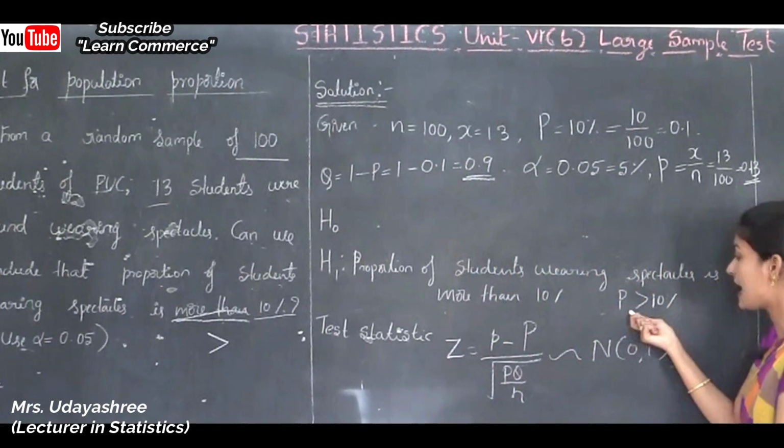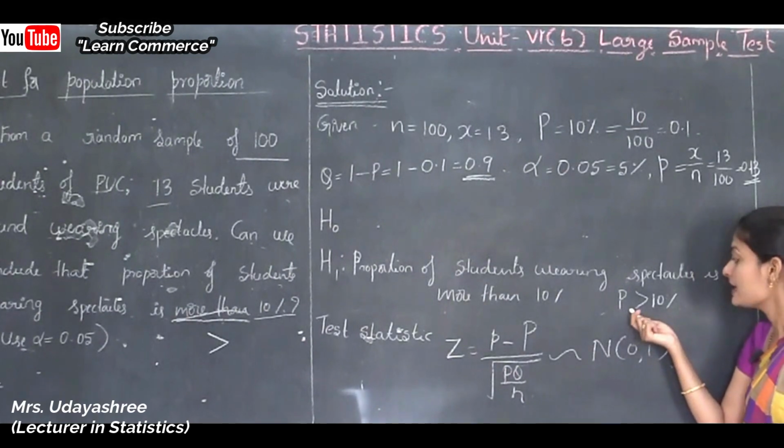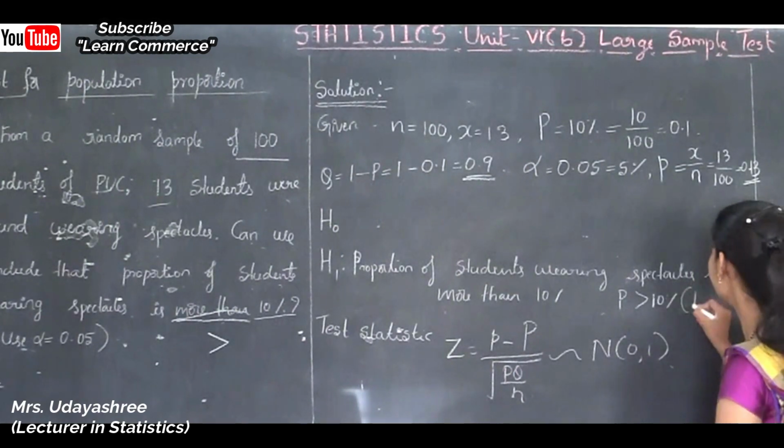Since the alternative hypothesis is greater than type, this is a right tail test.